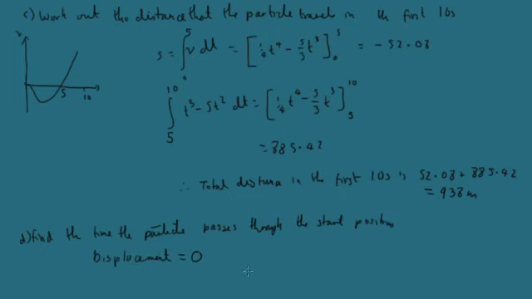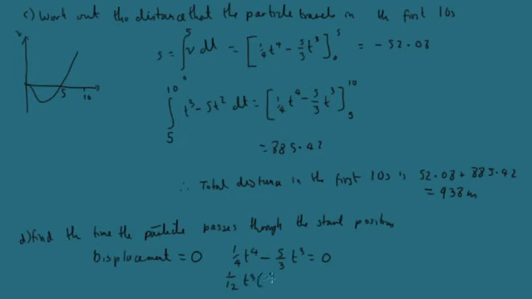So we know that the equation for displacement is this, 5/3 t cubed, and we want that to be equal to 0. So we're going to bring out a factor of 1/3 t cubed.